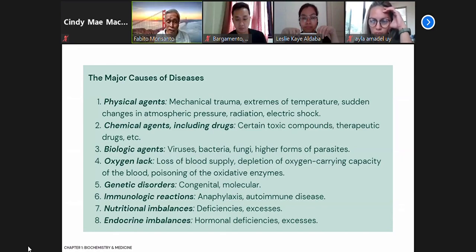And poisoning of oxidative enzymes. So usually the free radicals. Genetic disorders, of course, congenital or molecular.